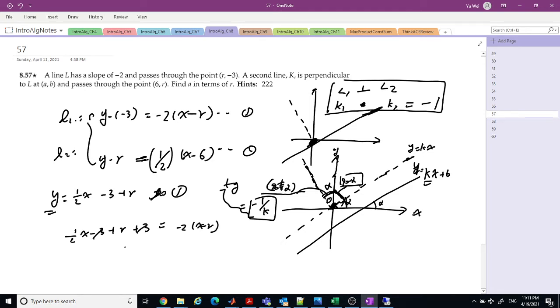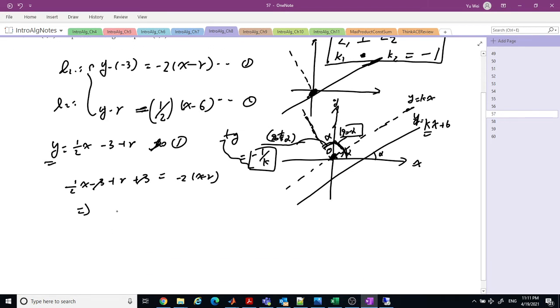Then we can cancel, and finally we get 5 over 2 of x equals r. So x equals 2r divided by 5. Because this is the crossing point, a equals 2r over 5.